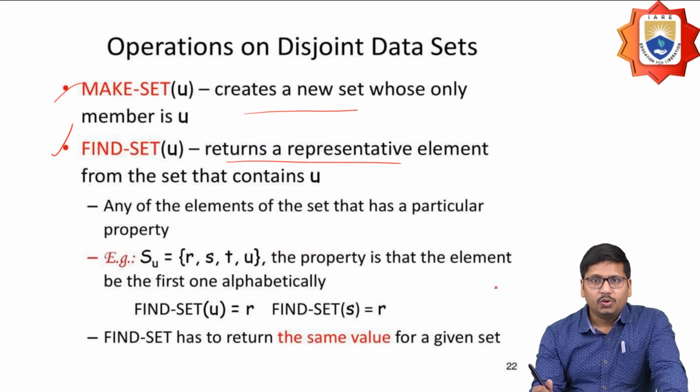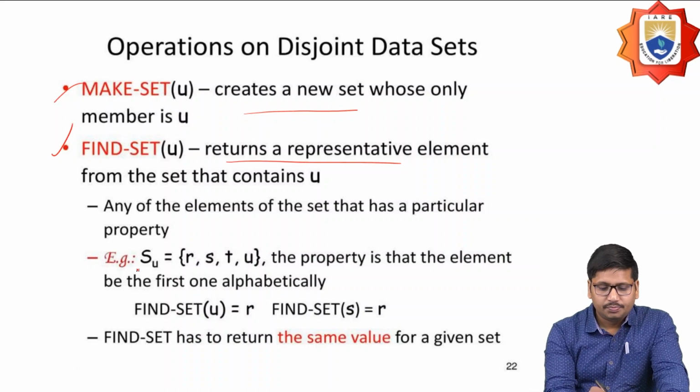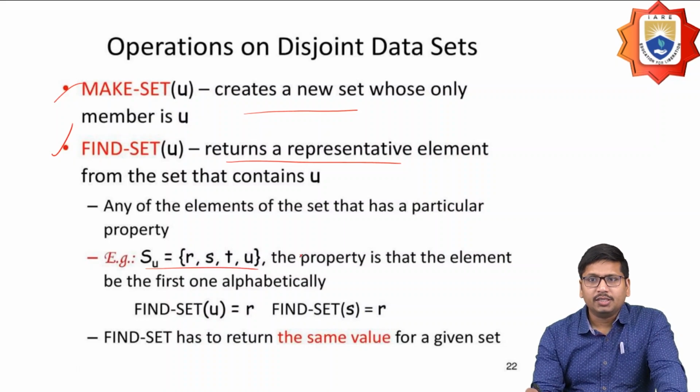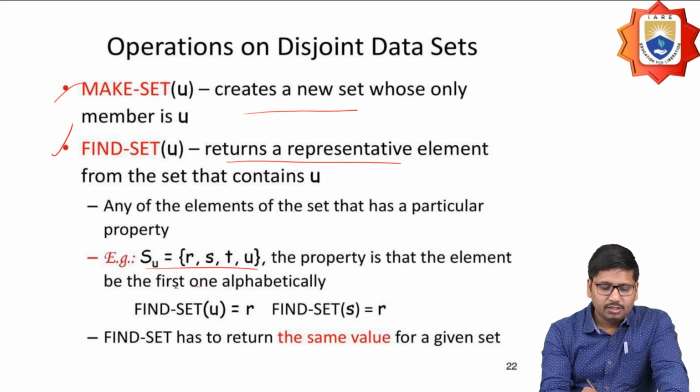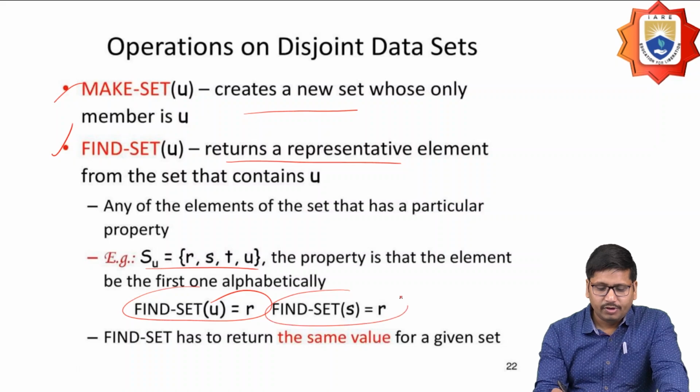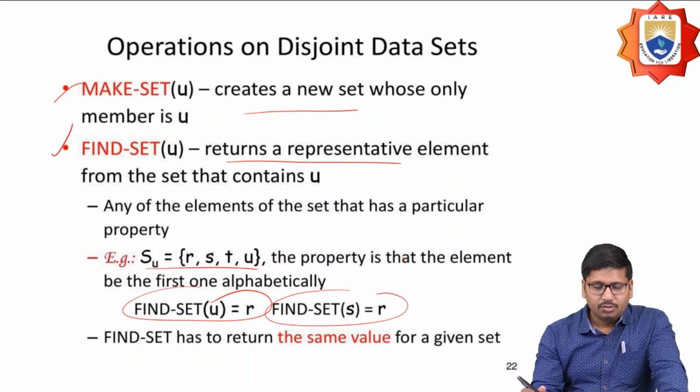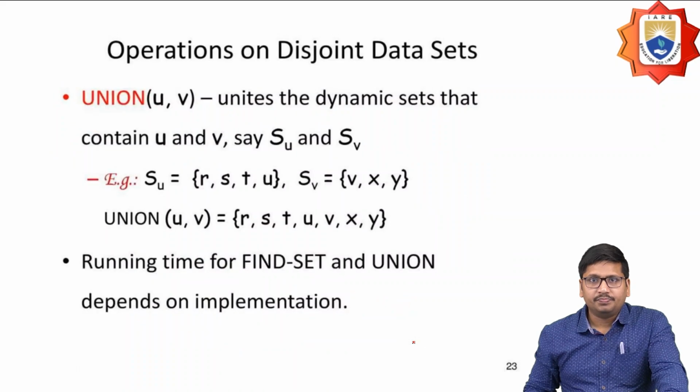The representative can be any element with a particular property, for example the first one alphabetically. So find-set of R equals R and find-set of S equals R, returning the same value for the given set.